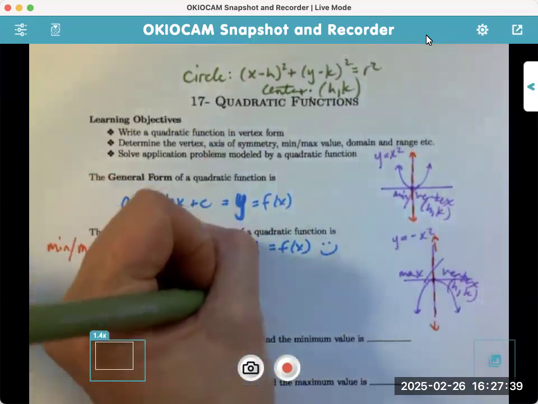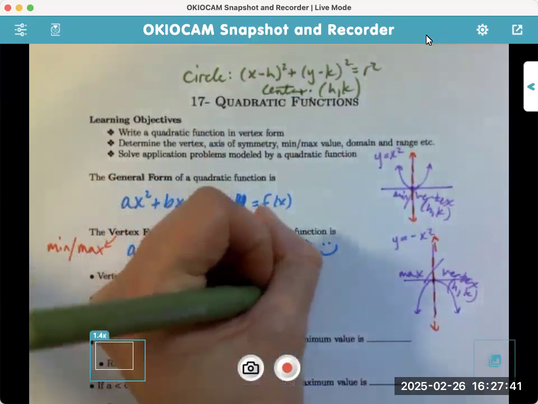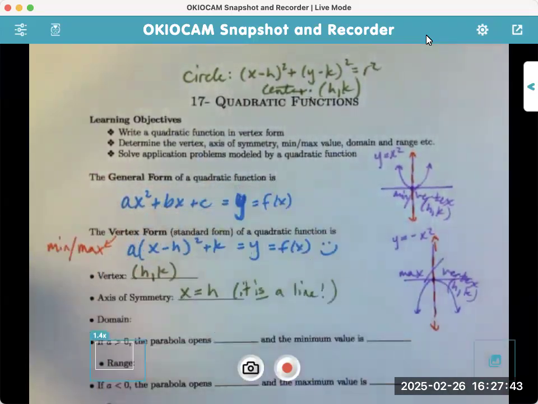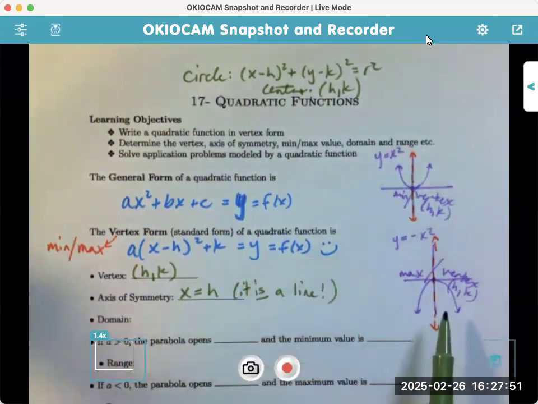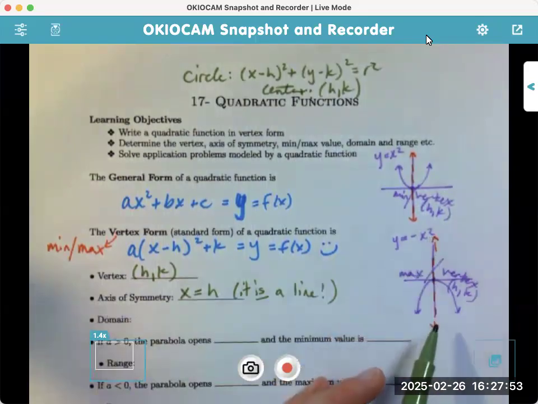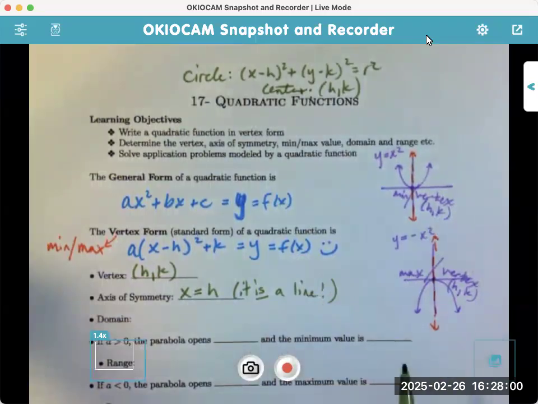Because it is a line. You need your x equals, because it is a vertical line.